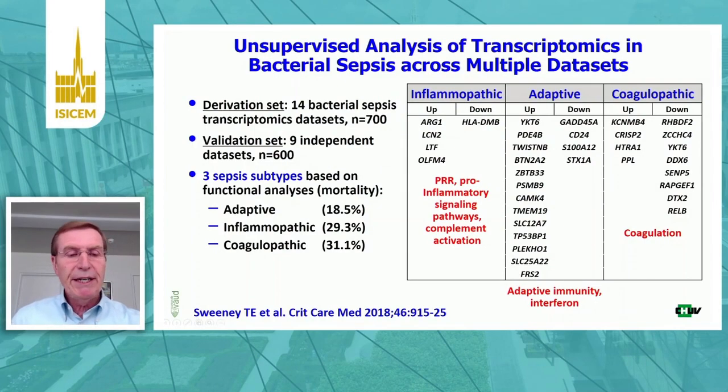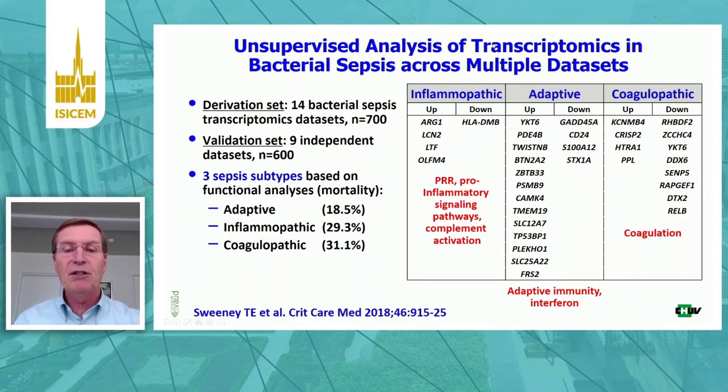Dr. Tim Sweeney and his colleagues have used a set of data available in the literature based on transcriptomics data. These are 14 sets, including 700 patients, to define sepsis subtypes, as you can see, based on functional analyses of these data sets. And they validated in 600 patients.